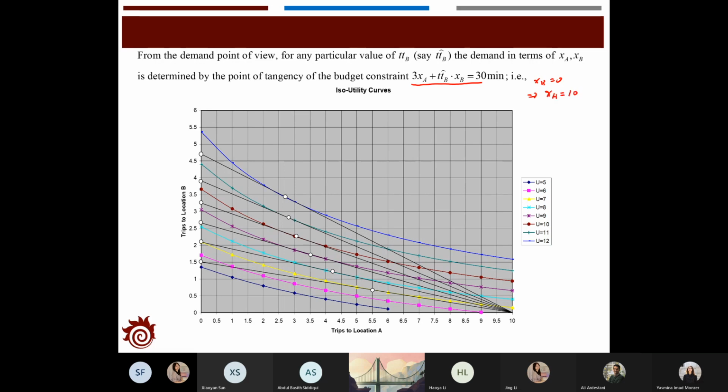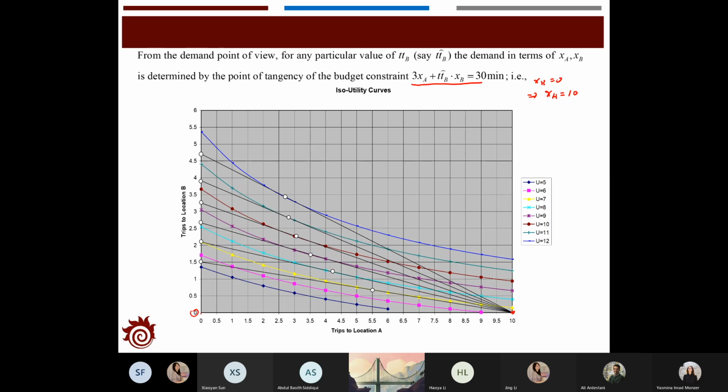This is one point that the budget constraint must pass through. So back to the figure of the isoutility curve, XB equal to 0 indicates the x-axis, and you can find one point.